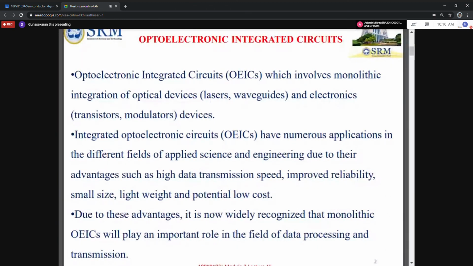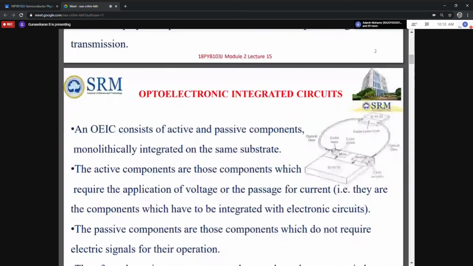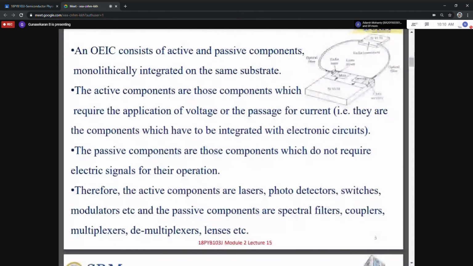So you fabricate both active and passive components here. See here, it consists of several active and passive components, monolithically integrated in the same substrate. Active components require voltage, the input voltage or passage of current.